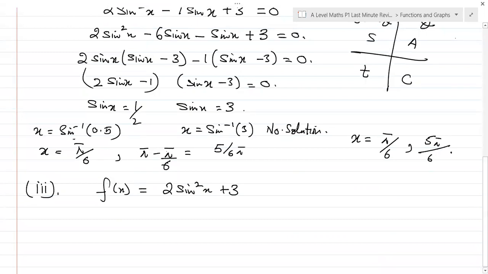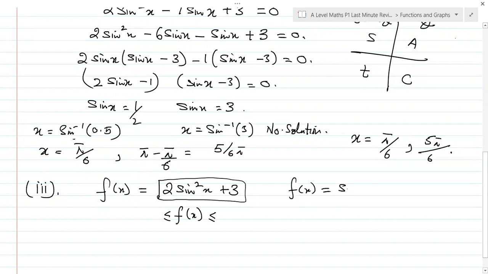Now this is a trigonometric function, but this has a square over here. So we are going to start with our normal function, which will take values from here to here. And since this function is 2 sine squared x plus 3, this is what we have to get. So we start with the basic and say let f(x) be only sine x.